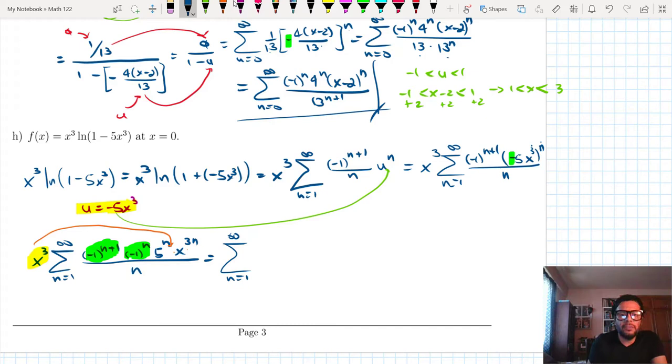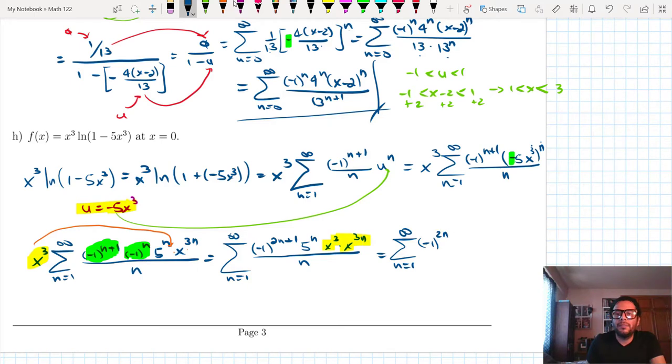And this will be negative 1 to the 2n plus 1, 5 to the n, x cubed times x to the 3n, divided by n. All we do is combine these two powers of x, they're the same base, into a single base. So this is sigma n equals 1 to infinity, negative 1 to the 2n plus 1, 5 to the n, x to the 3n plus 3, divided by n.